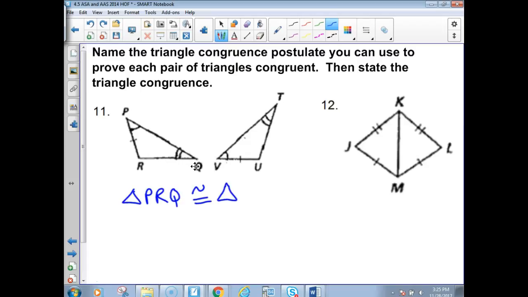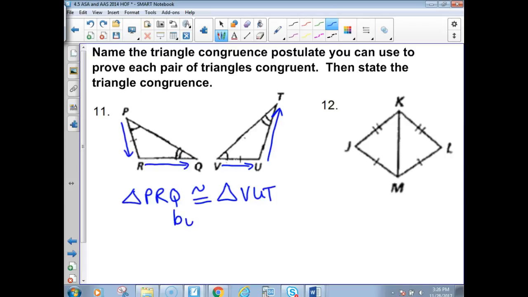PRQ would have to be, this one's a tough one. All right, good job. I'm hearing it from multiple people. Because it's turned here, P to R has a single arc on the angle at angle P. And then it went to R, which has a single slash. So that matches up with V going to U. So this matched with this on that triangle. So it had to be VUT.